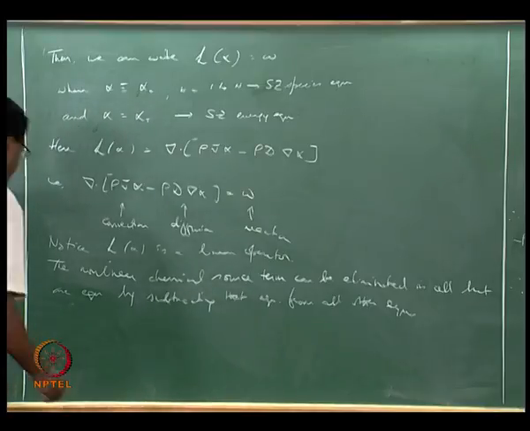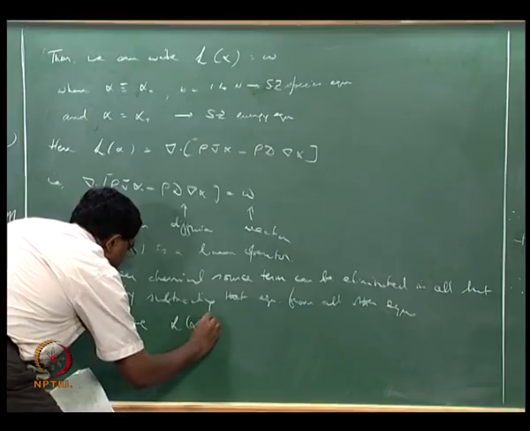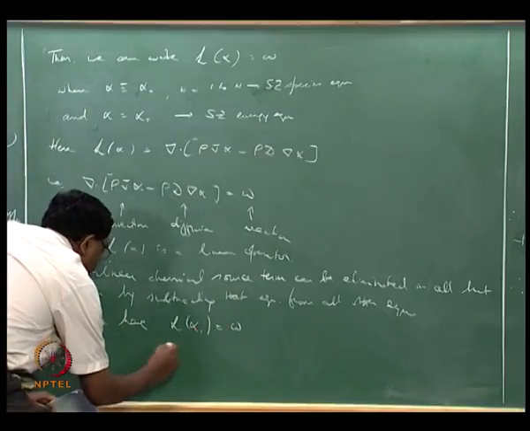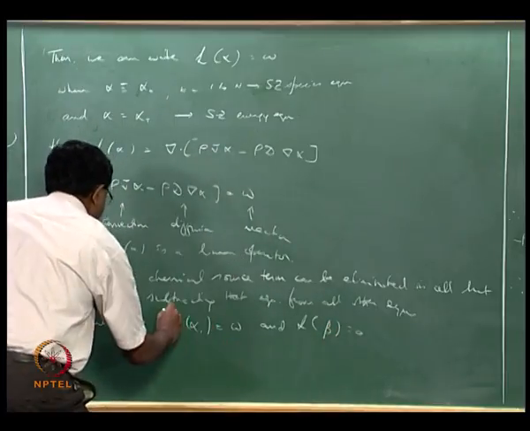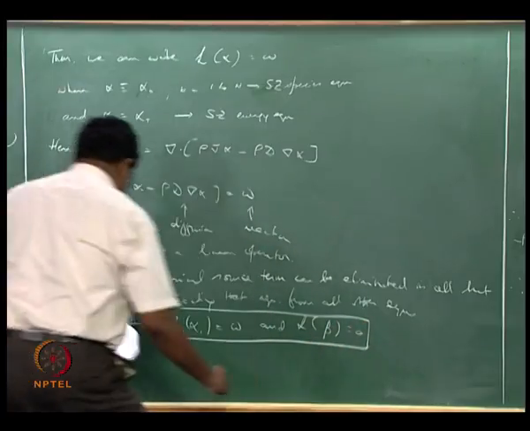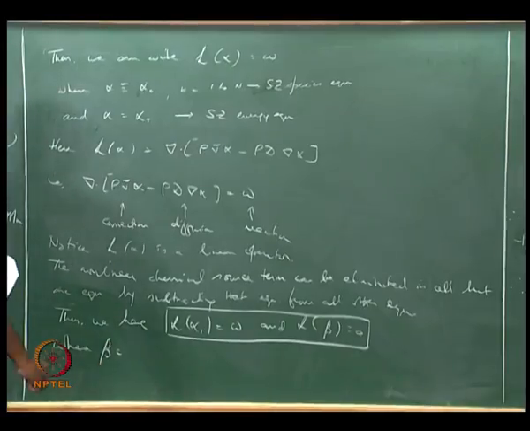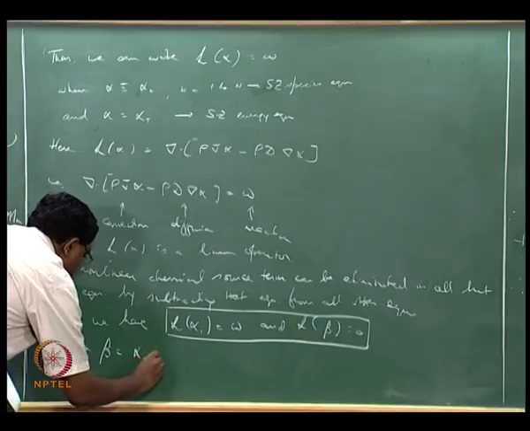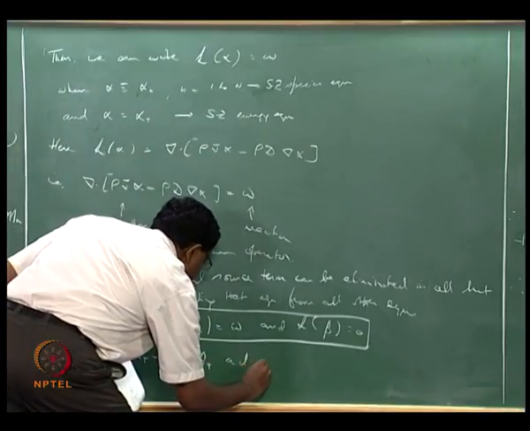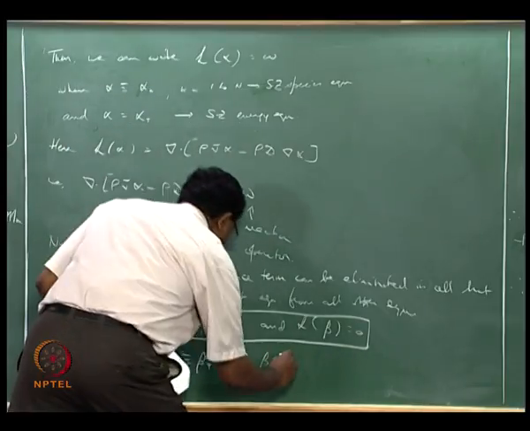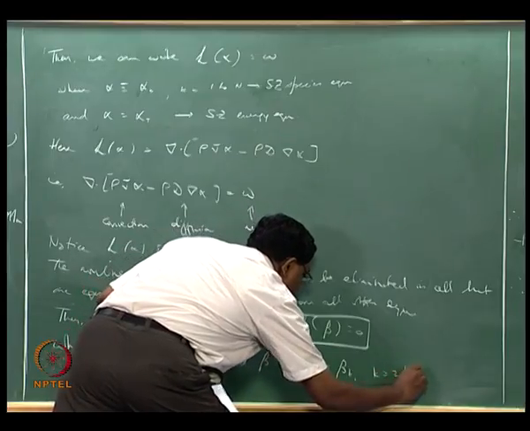Then we have L of alpha 1 equal to omega and L of beta equal to 0, where beta equal to alpha t minus alpha 1, so let us call this beta t, and beta can also be equal to alpha k minus alpha 1, let us call this beta k, k equals 2 to n.